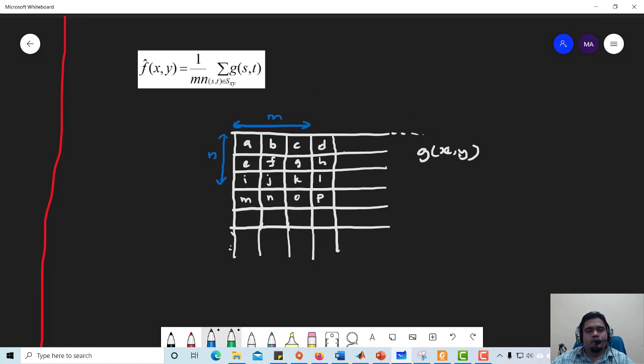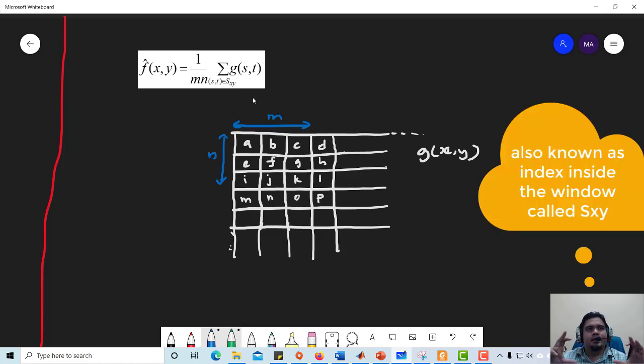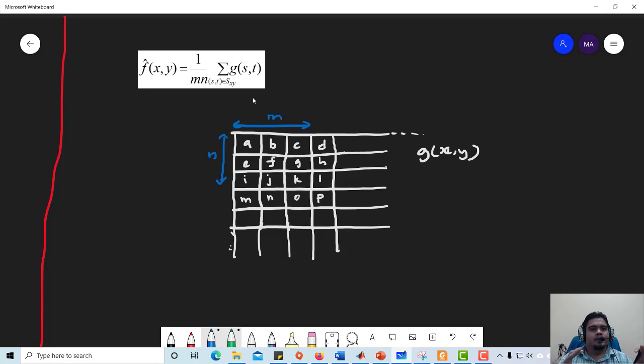The global index refers to the entire image, whereas the s t here represents the index that lies under the window. In this case, m equal to 3 and n equal to 3, so this S x y, the capital x y, represents the surface of the window, which in this case is this one.